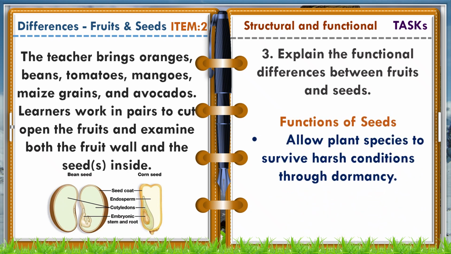It allows plant species to survive harsh conditions through dormancy.